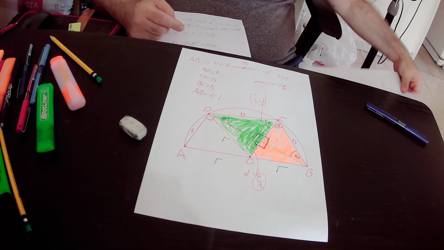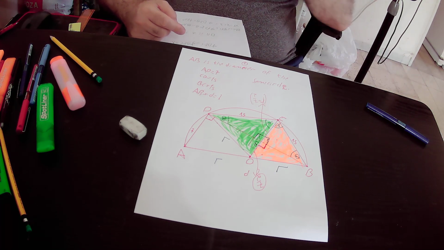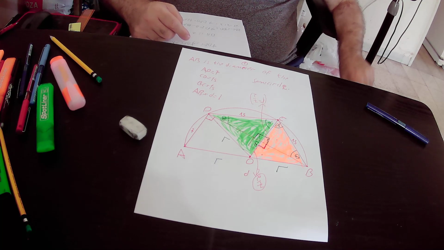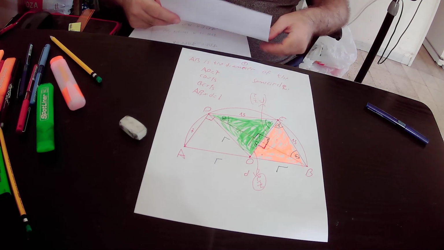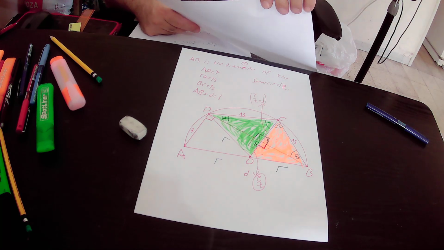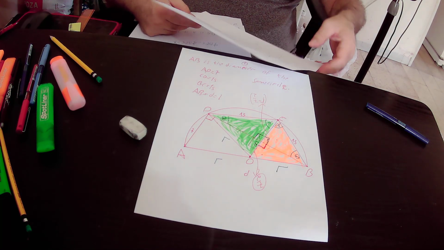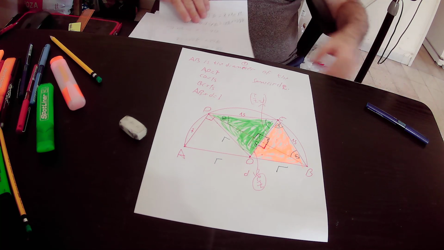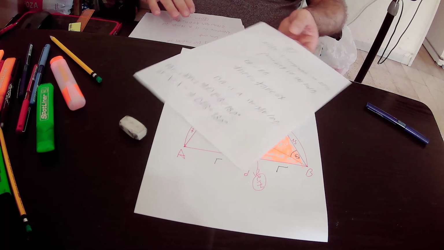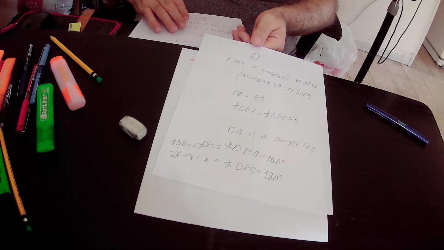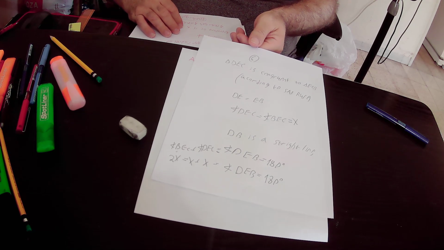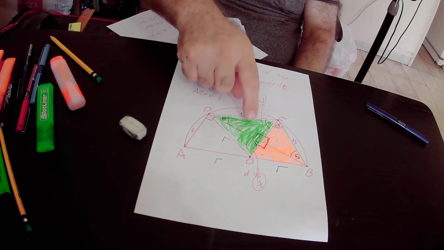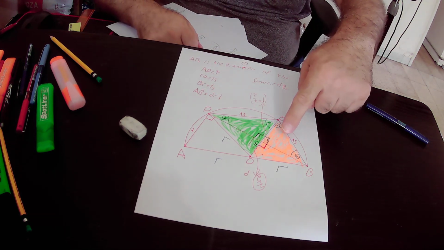Okay, and therefore triangle DEC is congruent to triangle ECB.